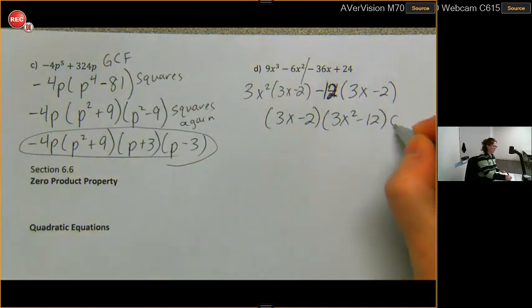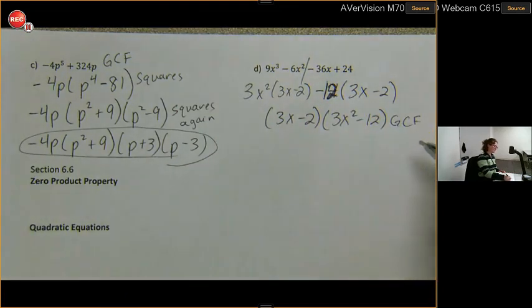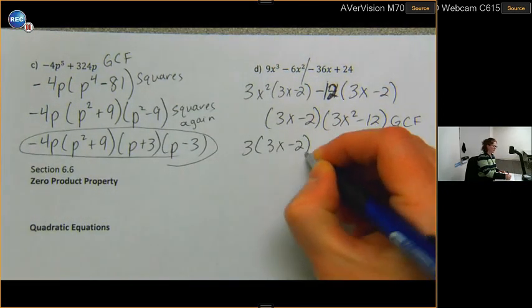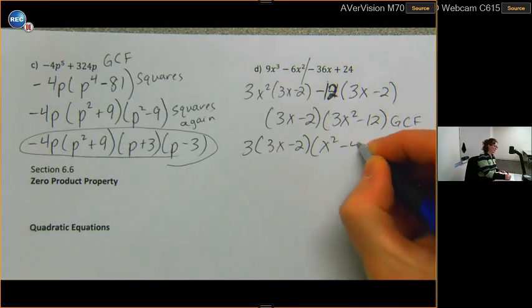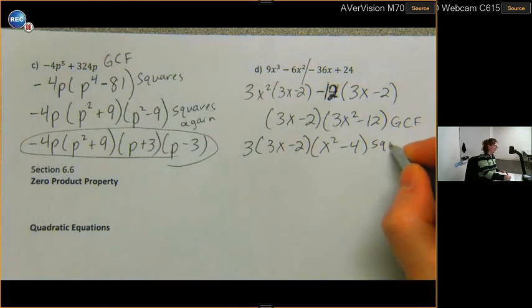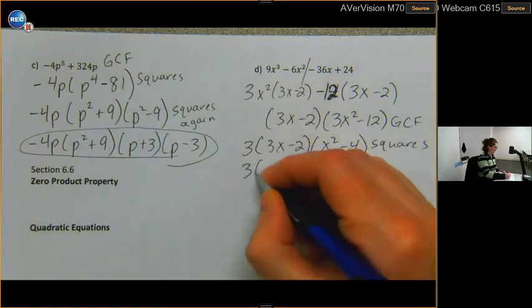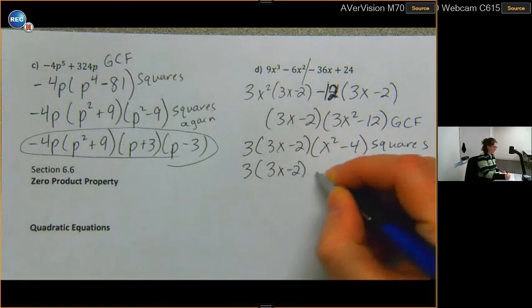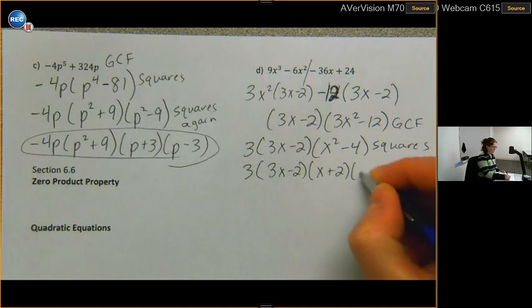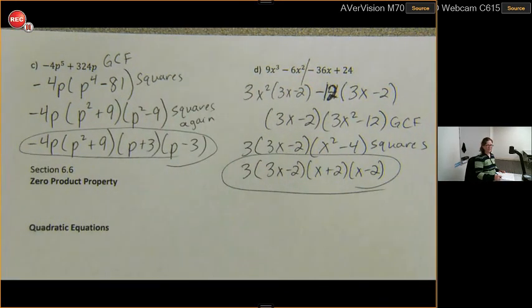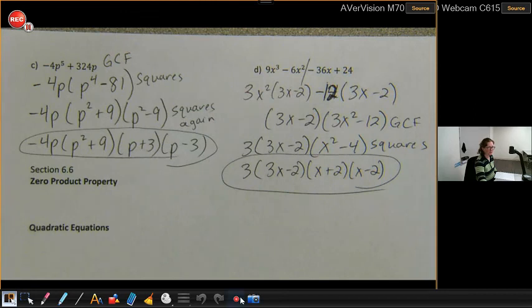This one right here has a GCF. So I pull that GCF all the way to the front. And now I have the squares pattern. So this kind of keeps going and going. So that's the overall factoring review where problems are all just mixed together.